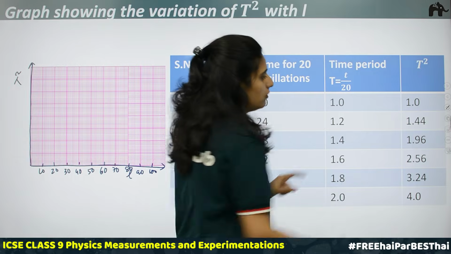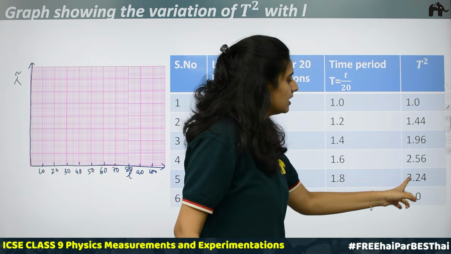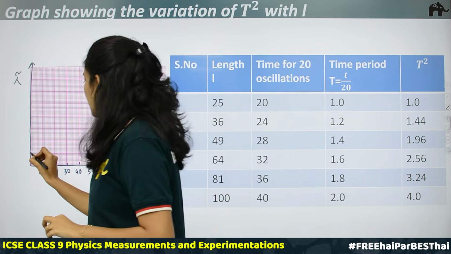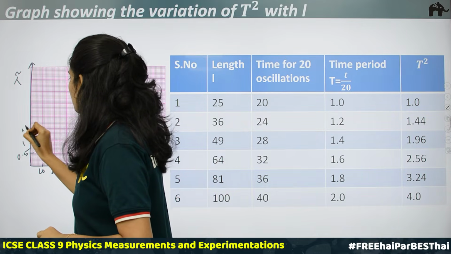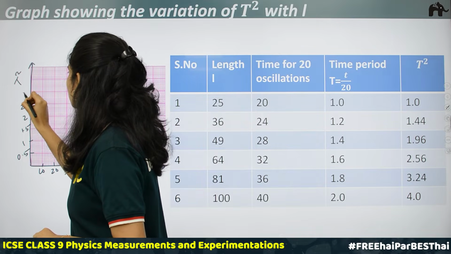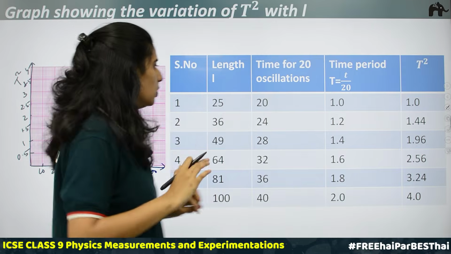I have taken the square of it. So, 1, 1.44, 1.96, 2.56, 3.24, 4.0. For these values, I will be taking 0.5, 1, 1.5, 2, 2.5, 3, 3.5, 4. Okay. Now we can plot the graph.